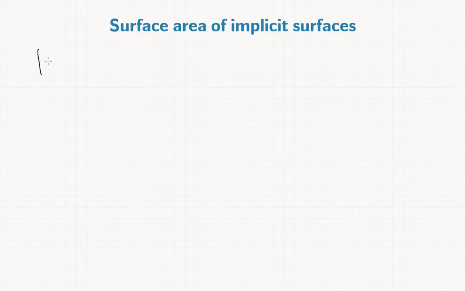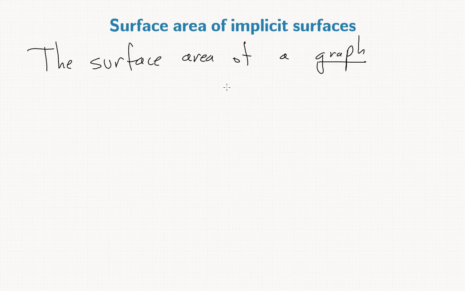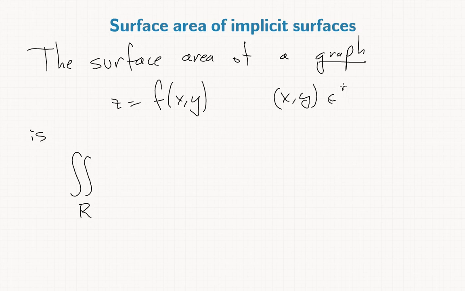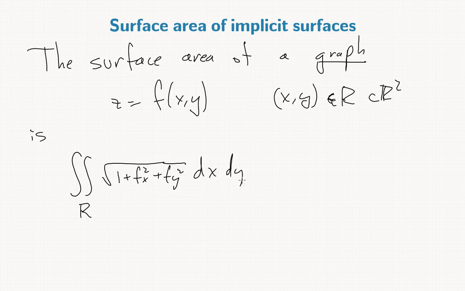In particular, the surface area of a graph z equals f of x,y is given by the integral over R. So if we're graphing it over some region R in R2, this will be given by the integral of root 1 plus fx squared plus fy squared dx dy.